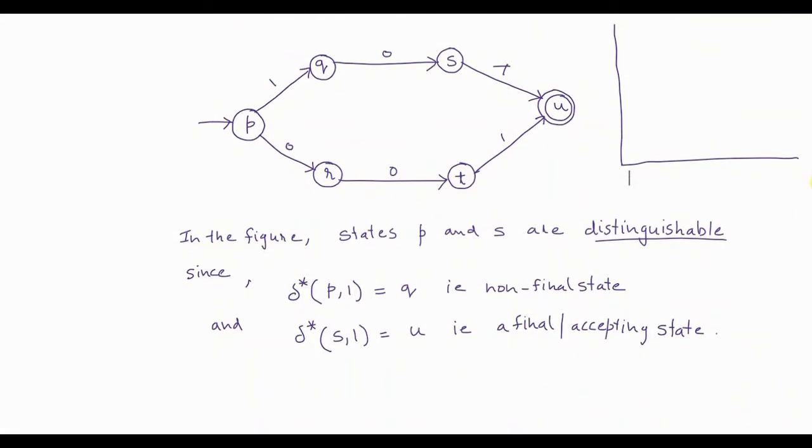P will be the first state, next Q, next R, S, and T, and the columns will be such that it will start with the first state alphabetically and it will exclude the last state.